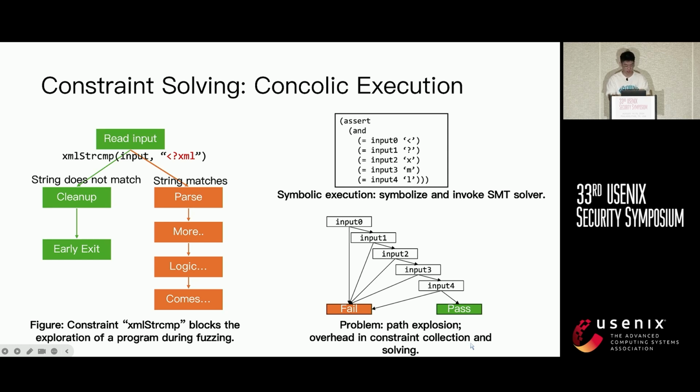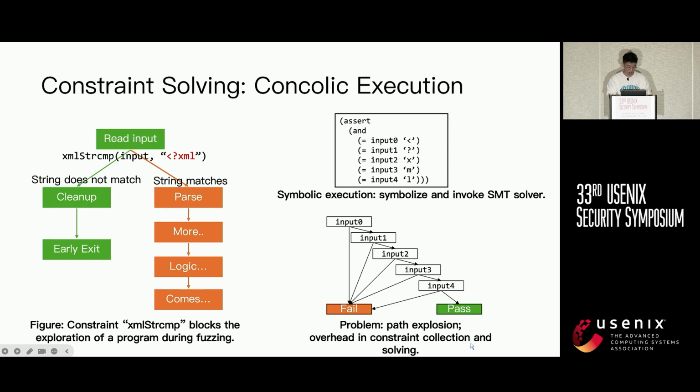To solve the constraint, we add an assertion that mandates all bytes to be equal to the expected values. By querying this assertion, we request the SMT solver to provide concrete input values satisfying the constraints.